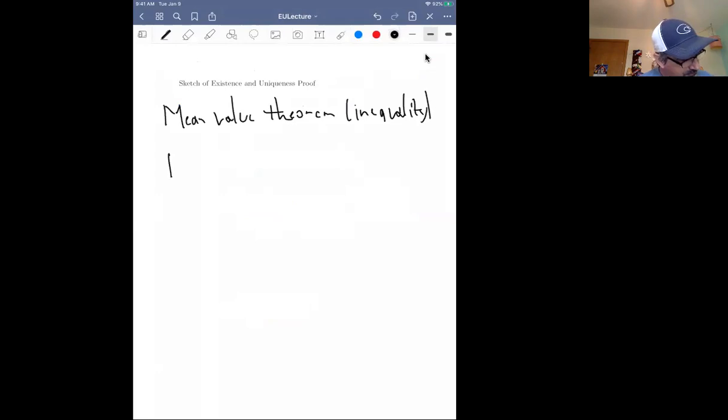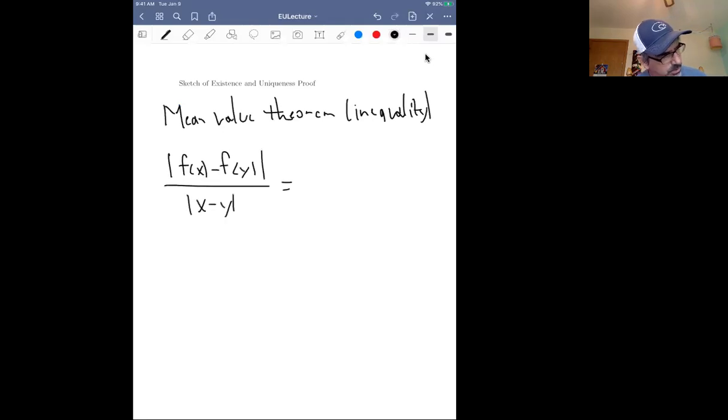Usually we write it this way: the absolute value of f of x minus f of y, divided by the absolute value of x minus y, is equal to some constant c that turns out to be the derivative at some point in there, so that's f prime of c. If I multiply both sides by x minus y, I get the absolute value of f of x minus f of y on the left, and on the right side, c times x minus y.